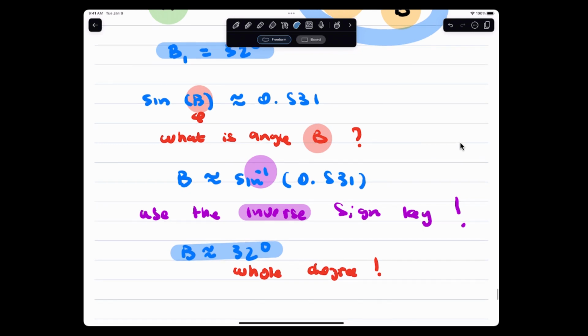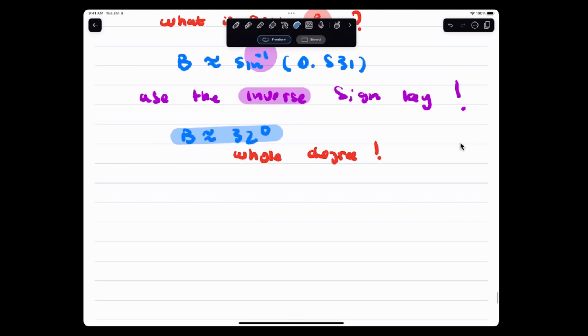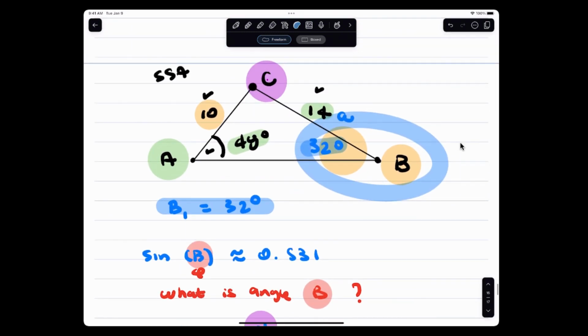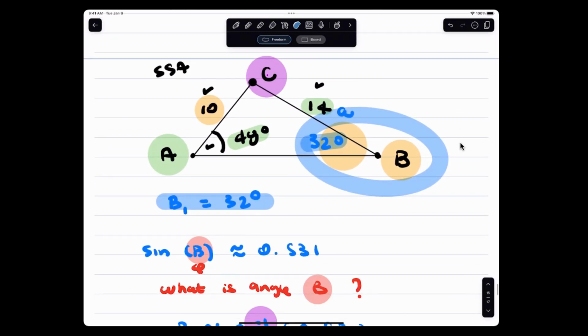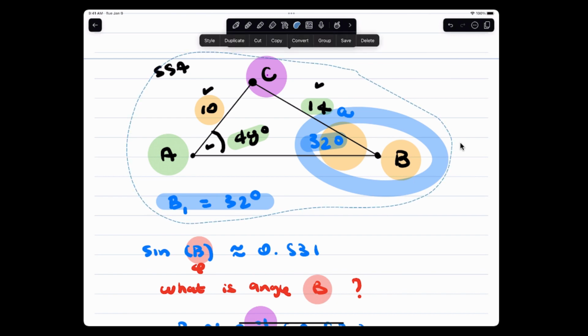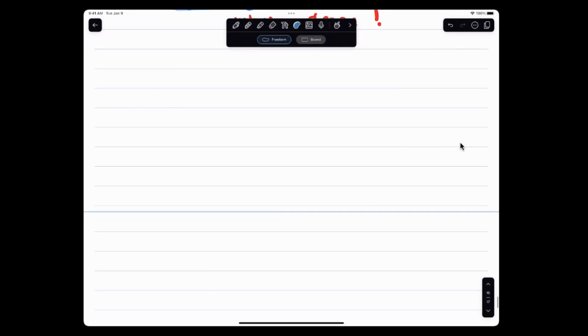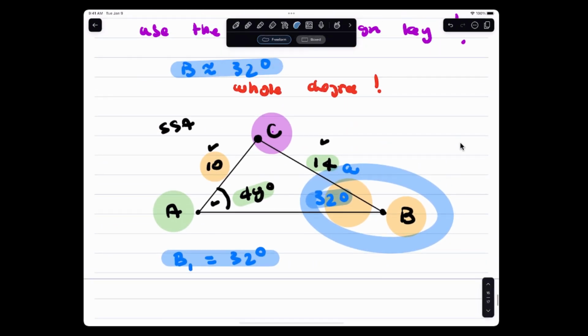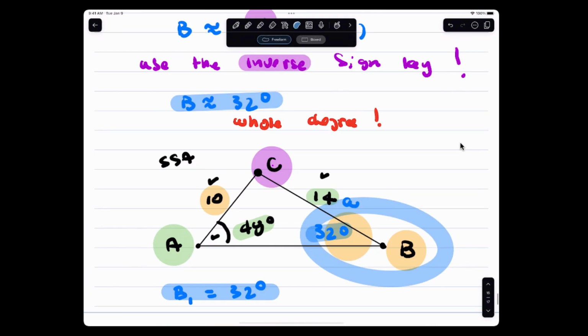And we found B to be 32 degrees. Is that true? Okay. So we're going to call that now B1 here. Okay, that's B1. We got that.